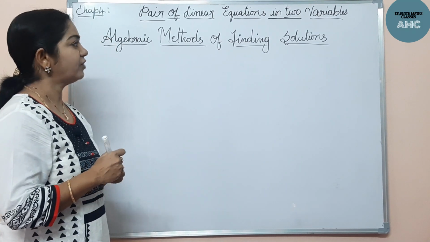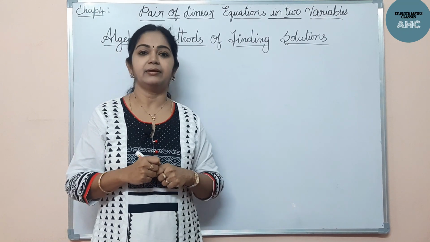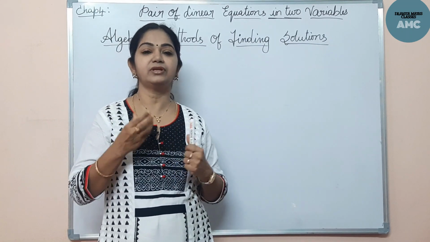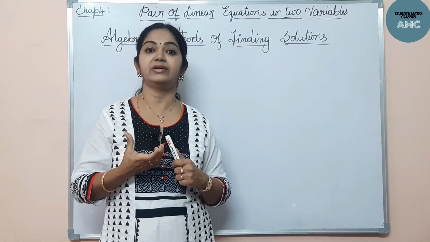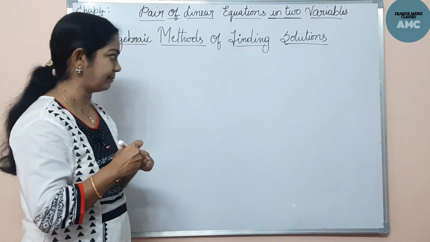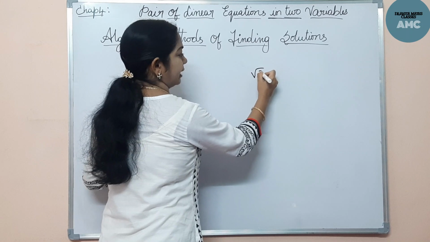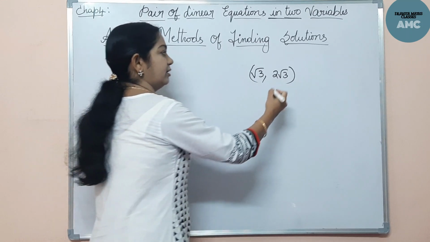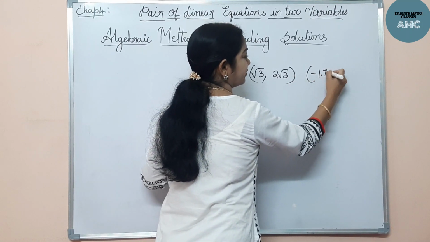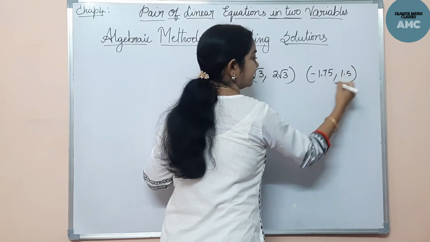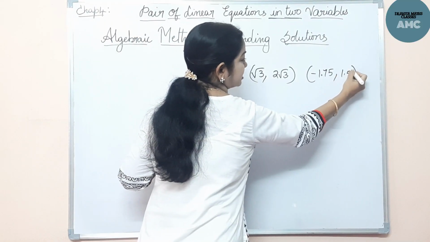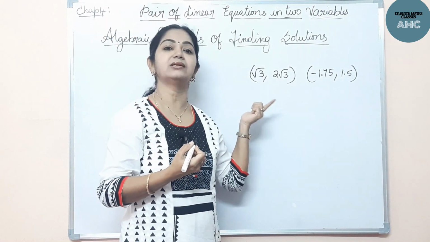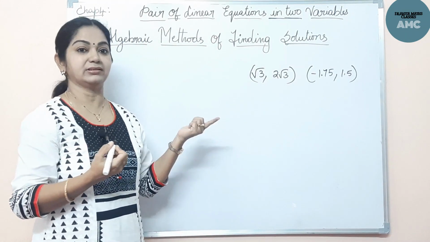Why are we going for the algebraic methods? Because in the graphical method, in some cases, if the solutions do not have integral coordinates, for example root 3, 2 root 3, or minus 1.75 or 1.5, then the graphical method is very difficult.